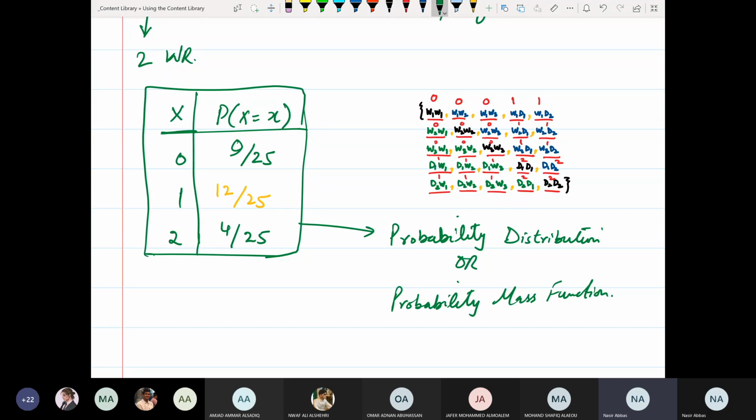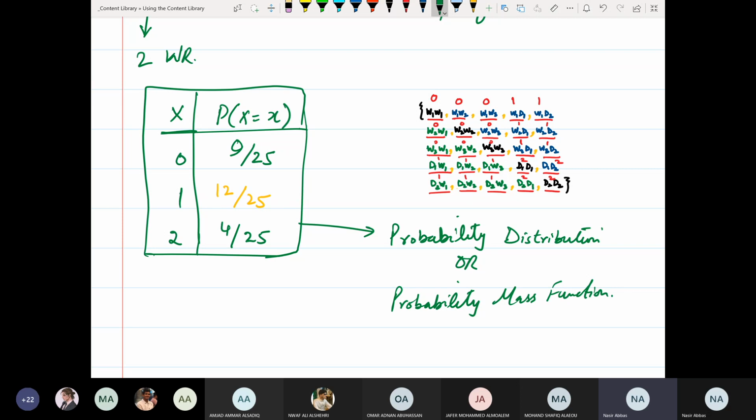Okay, so in this question, we defined random variable x, which was number of defectives. We identified all the values of x, which were 0, 1, 2. We found the corresponding probabilities, which were 9 over 25, 12 over 25, and 4 over 25, respectively. And we said that this table is called probability distribution or a probability mass function.